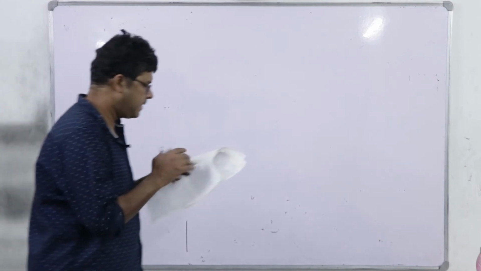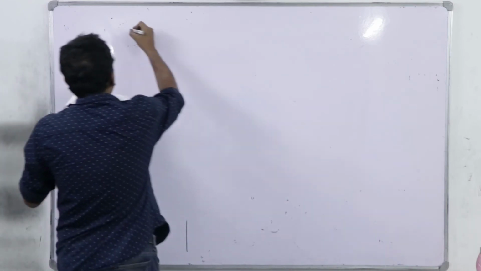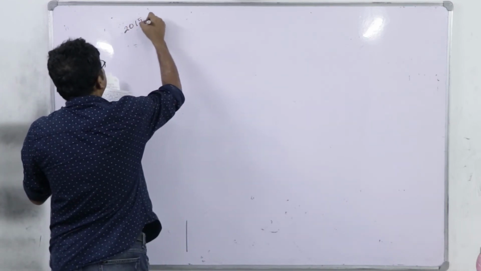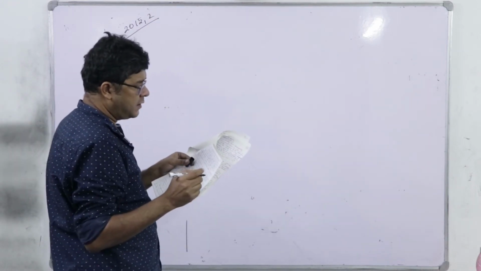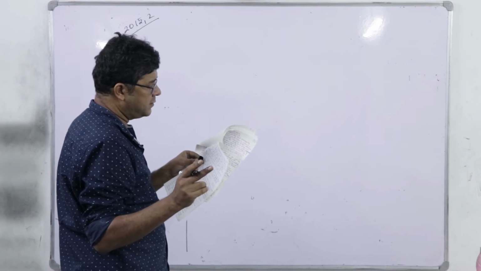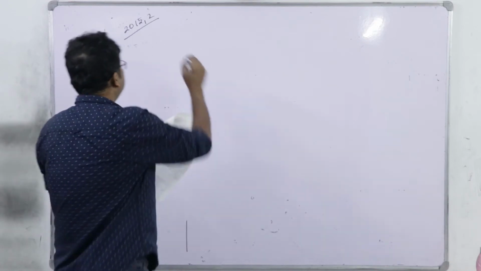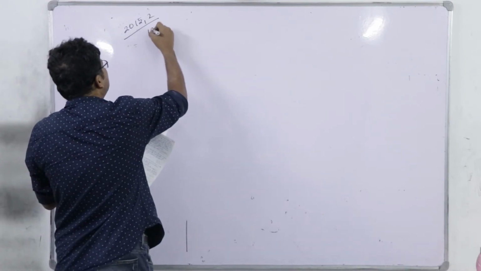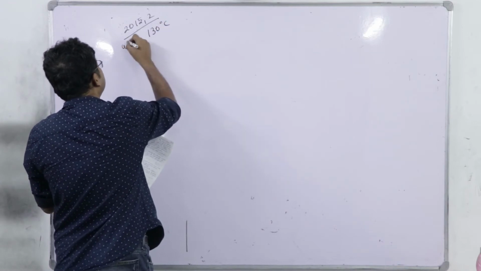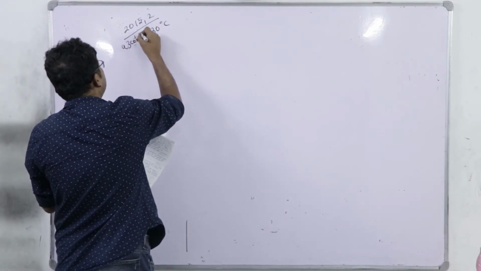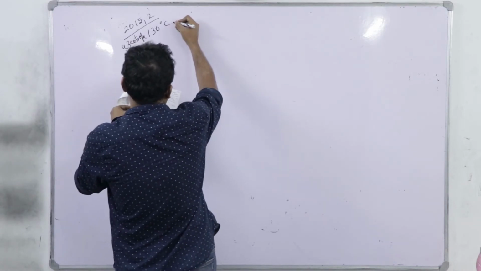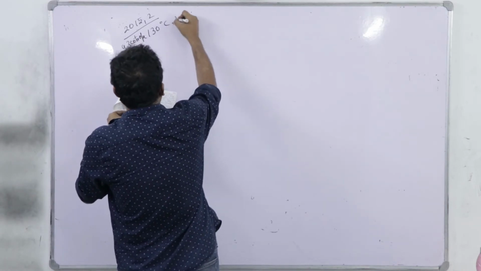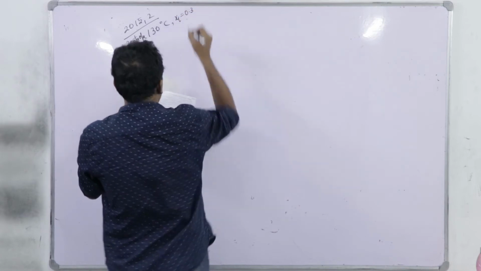Okay. This is a 2015 GATE problem, a 2 marks problem. A binary mixture of components 1 and 2 forms an azeotrope at 130 degrees Celsius, and x1 is equal to 0.3.